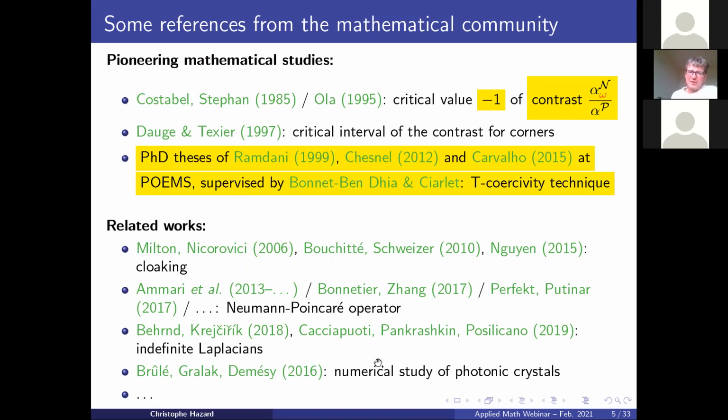And there are very few numerical studies for the calculation of a spectral property of a device containing a negative material. And I just cite here the work from friends of Marseille in the south of France about photonic crystals. Okay, there are huge references, and I just give some examples here.